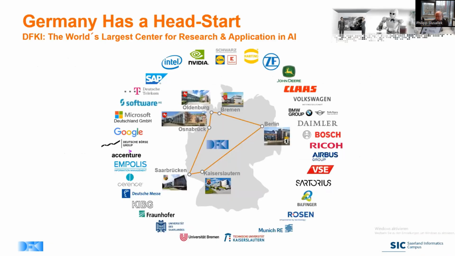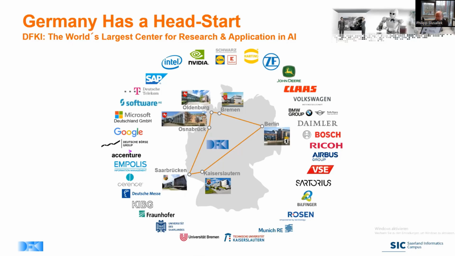A few words on DFKI. We are a little bit unusual in that we are a private company, a non-profit GmbH under German law. The shareholders are the universities at our main sites, but the majority of the shares is with the industry.